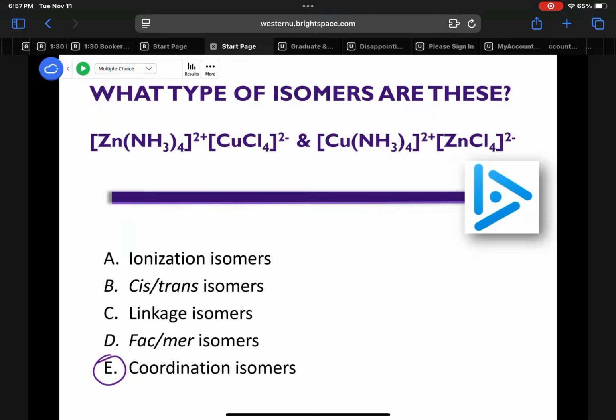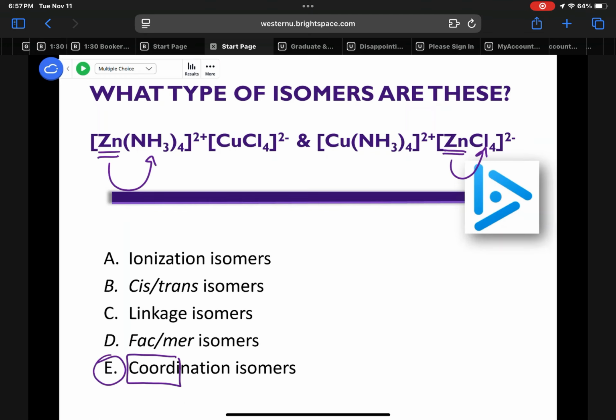So the answer is E because the issue has to do with what ligand is coordinated around what metal. So amine around zinc, zinc with amine, or zinc with chloride.